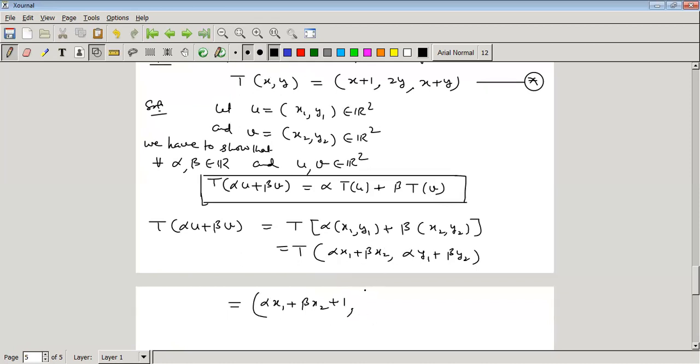What is the second? 2 times the second, and this is the second. So we get 2 times of this. So 2 times of alpha y1 plus beta y2. And what is the third? Third is the sum of first and second. So alpha x1 plus beta x2 plus alpha y1 plus beta y2.